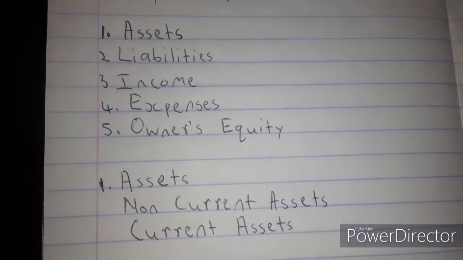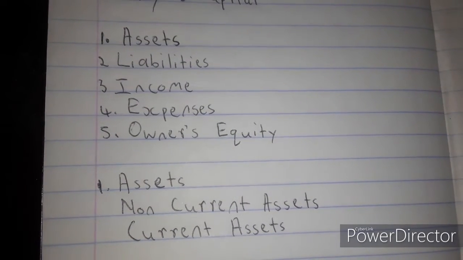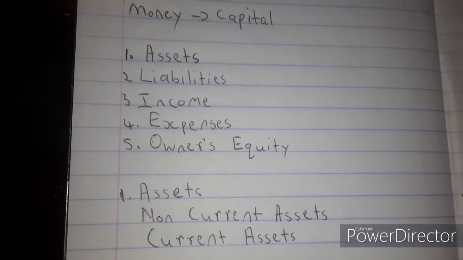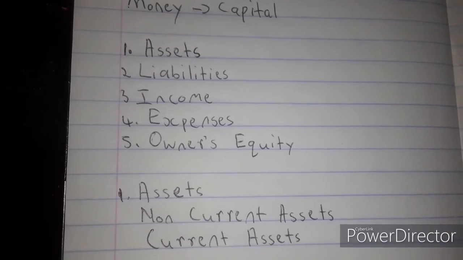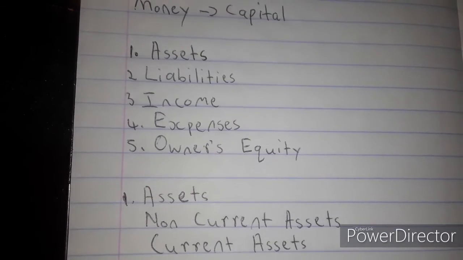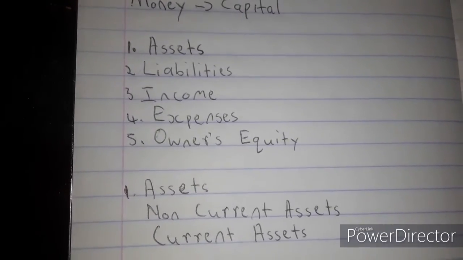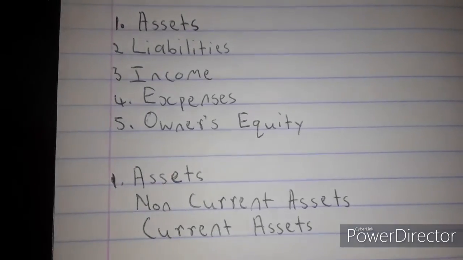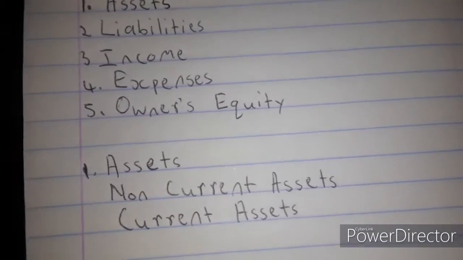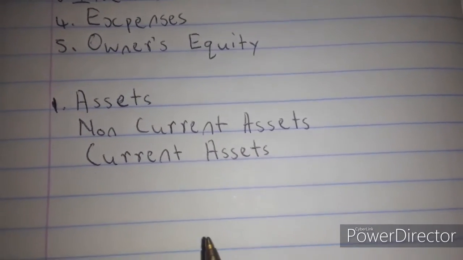The examples of those items that the business keeps for more than a year: it's land and buildings, furniture, equipment, machinery, vehicles, and also the investments, which are fixed deposits. So non-current assets are those assets that the business keeps for more than a year.